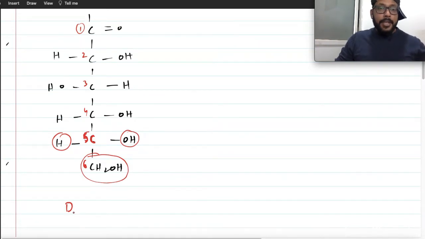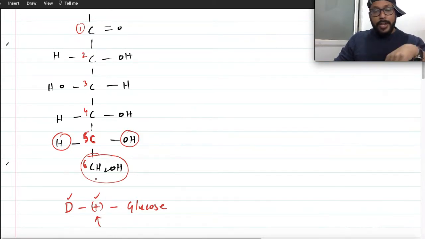D means configuration, and the positive sign means it can rotate plane polarized light in the right direction. So this is D positive glucose. Now you can easily understand the meaning of D and the positive sign. D means configuration, which represents that the lowest asymmetric carbon, number 5, has the OH group at the right hand side, and the positive sign means it is dextrorotatory, meaning it can rotate plane polarized light toward the right.